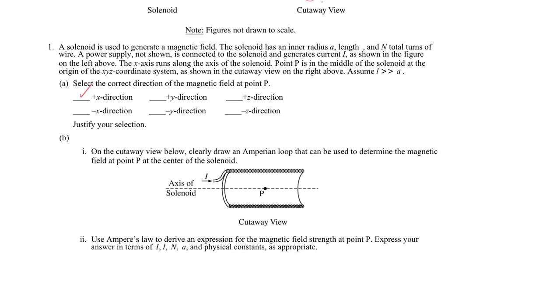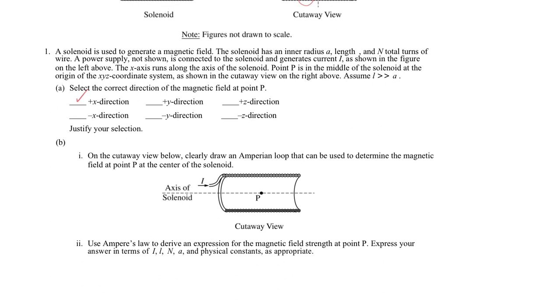All right. On the cutaway view below, clearly draw an Amperian loop that could be used to determine the magnetic field at point P at the center of the solenoid. You can't just draw anything. It would have to be rectangular.